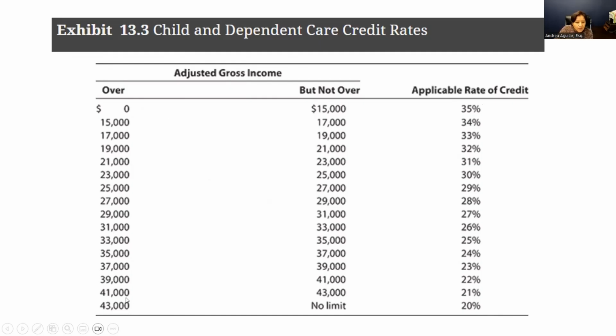For example, if you are making over $41,000, but not more than $43,000 as income, your applicable rate of the credit will be 21%. For any other taxpayers that are earning more, the applicable rate will be 20%.